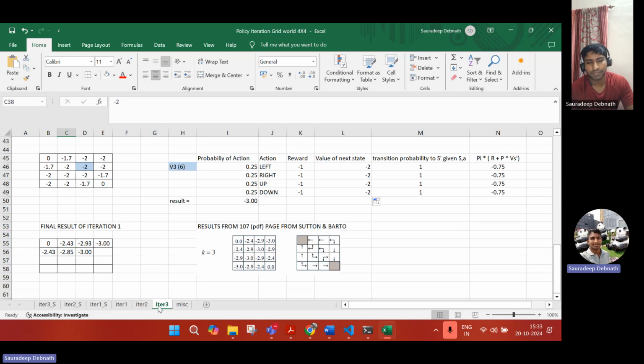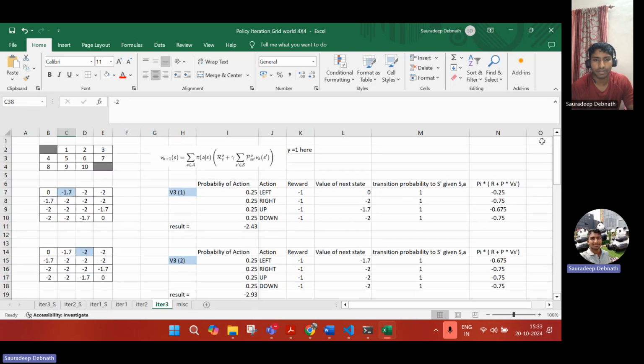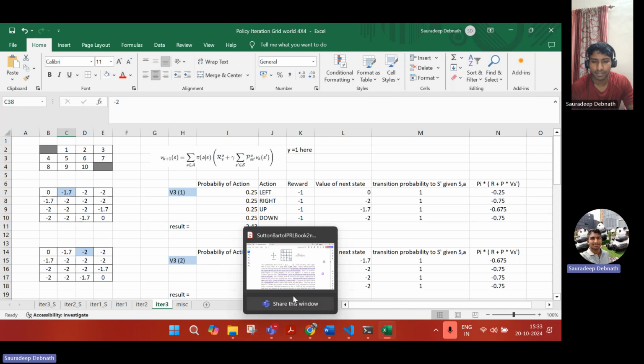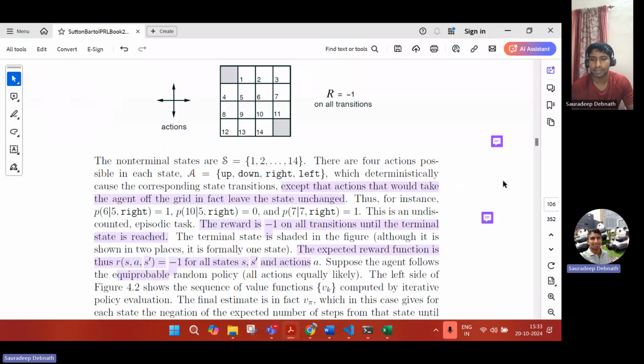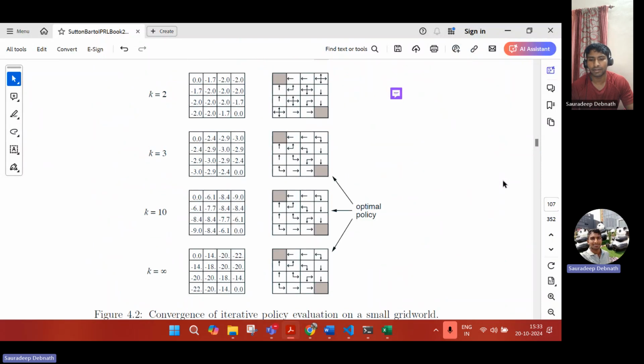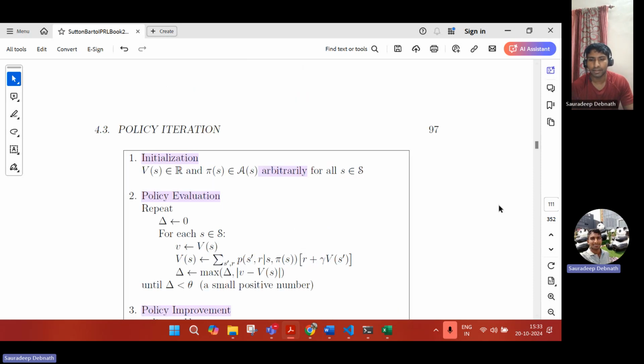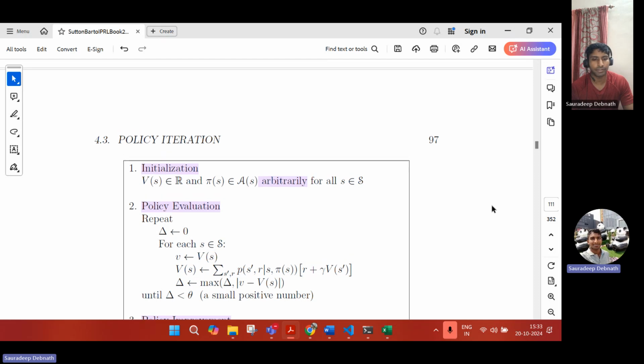Anyway, this is how policy evaluation works. And again, we'll keep doing it until the optimal policy argmax doesn't change, right? And so that concludes the policy evaluation.